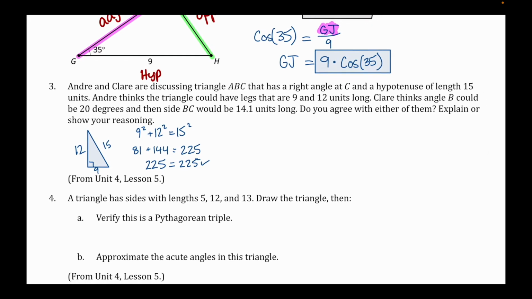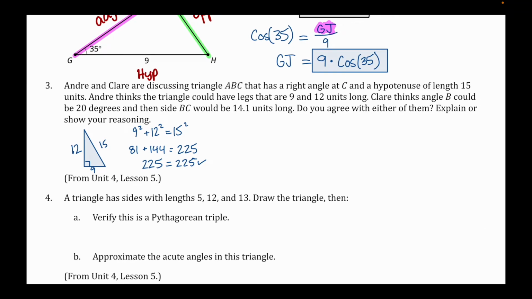The only other one that we're talking about is Claire's, and Claire is probably correct as well, because these 2 triangles don't have to be congruent in order to have a same length hypotenuse. So Claire was saying that we would have B 20 degrees. So I'm going to draw hers a little sideways here because I want to make that angle 20 degrees.